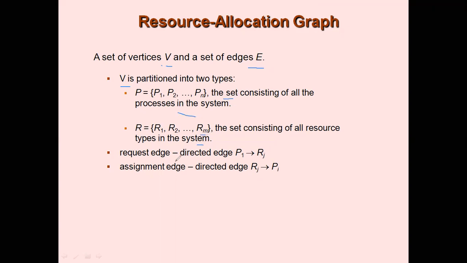In edges you have two types: a request edge and an assignment edge. If a process wants to request a resource, you draw an arrow from the process to the resource. This is called a request edge. If a resource has been assigned to a process, you draw an arrow from the resource to the process. This is called an assignment edge.